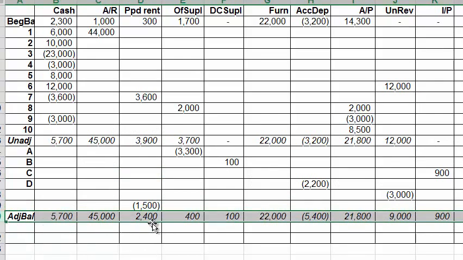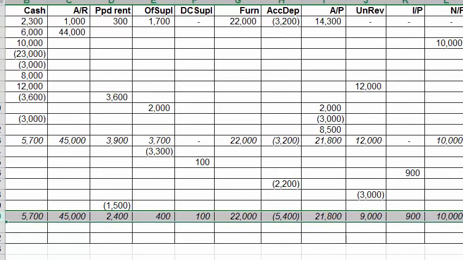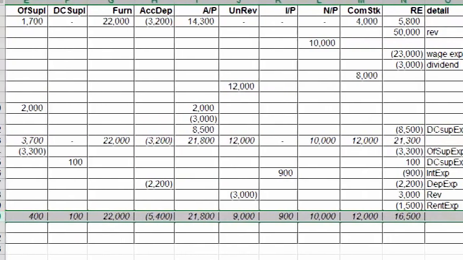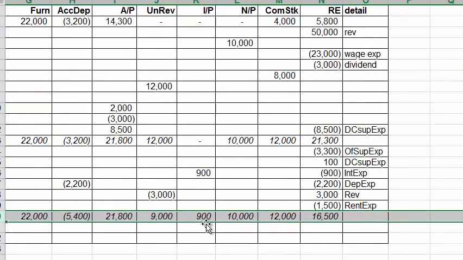Prepaid rent is now $2,400, office supplies $400, daycare supplies $100, accumulated depreciation is $5,400. There's our interest payable of $900. And then, of course, as part of the adjusting process, we had all of these revenue and expense accounts that need to be adjusted, and we did that adjustment here in the retained earnings column.